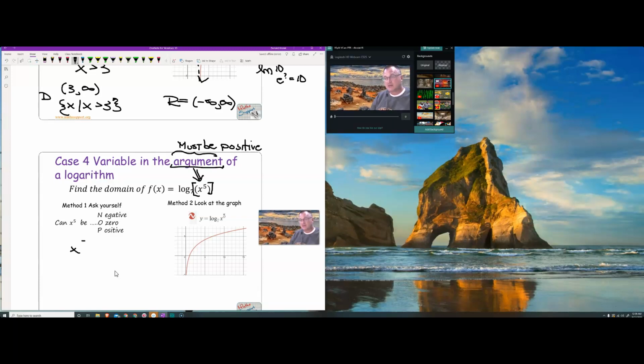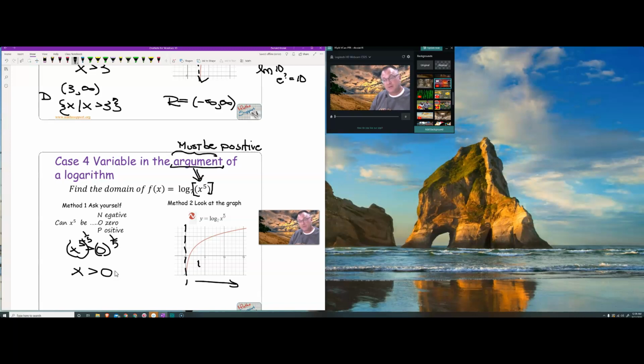So x to the 5th has to be greater than 0. Well, if you did the 5th root to both sides to get x, 0 to the 5th is 0, so x has to be bigger than 0, which you can see when you look at the graph. There's my domain. Doesn't include 0. And then my range on this would be from negative infinity to positive infinity.